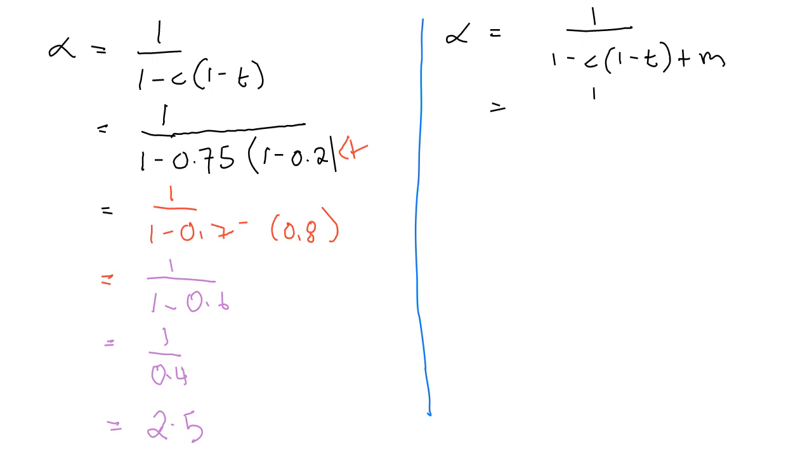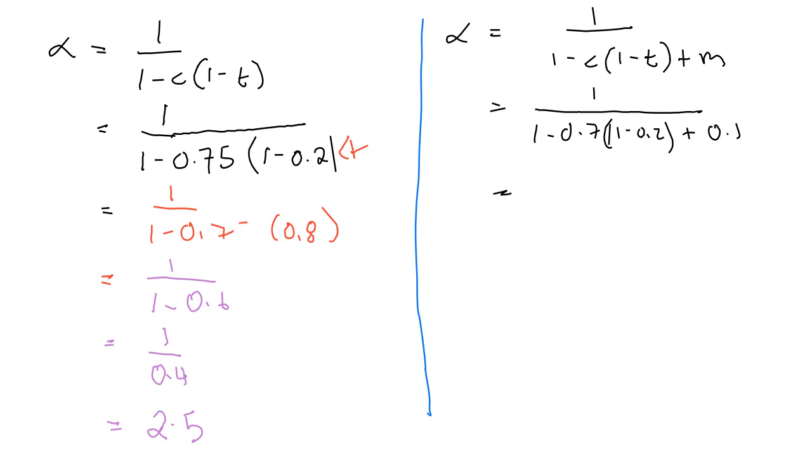Now the same applies. 1 minus C, which is 0.75, plus 1 minus 0.2 plus M in this case, and M, guys, is 0.1 according to the textbook, the example that they've given.